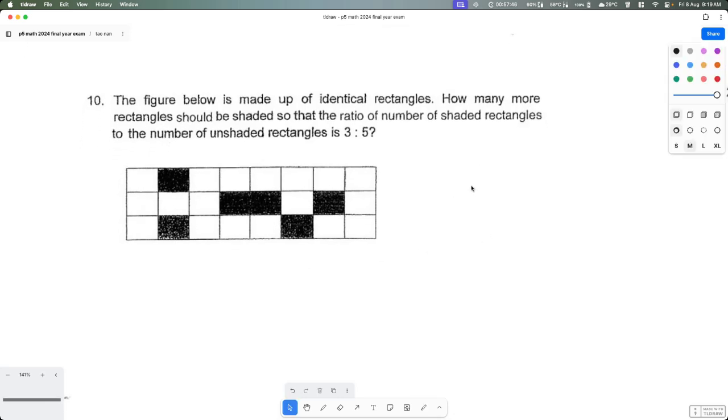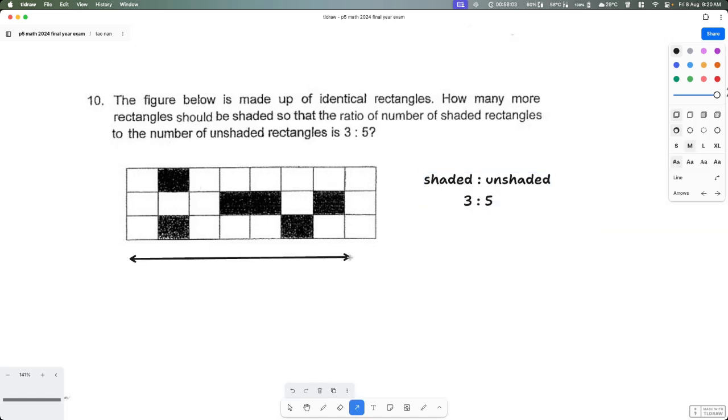I'm going to write this down because currently not a big fan of sentences. So shaded to unshaded is 3 is to 5. We want to get the total number of rectangles, the length and the height. So 1, 2, 3, 4, 5, 6, 7, 8. This is 8 rectangles long, and this is 3 rectangles.